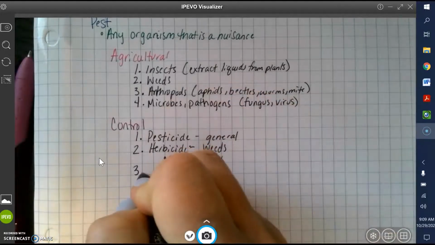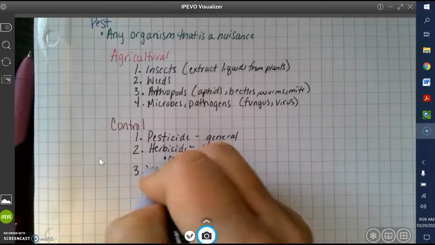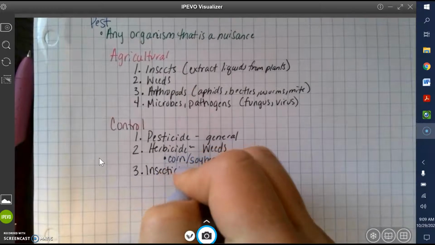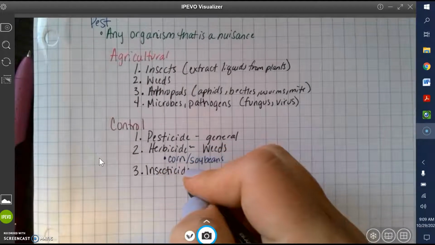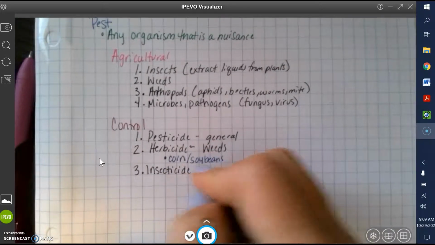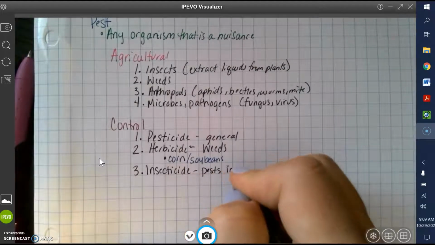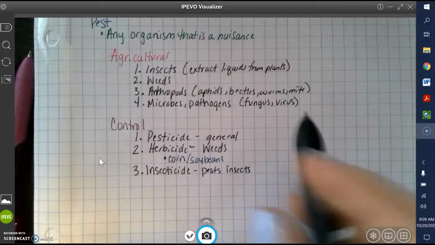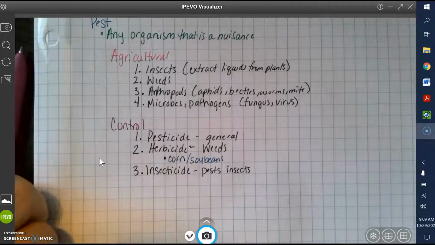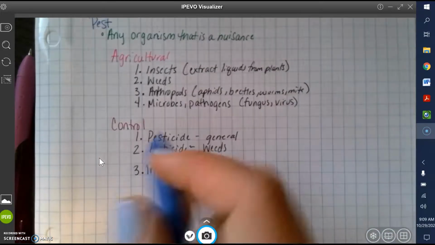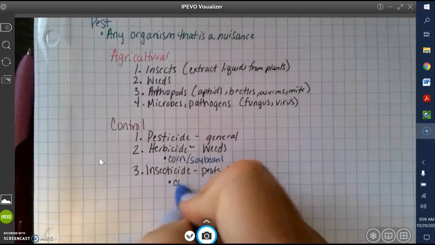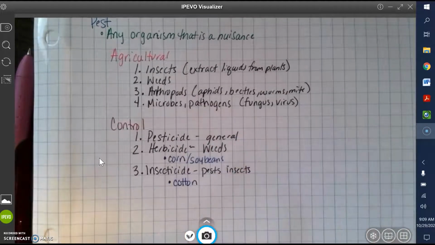Number three, we've got insecticides. Insecticides are going to kill just our insects, our pests, as far as insects, some of our arthropods. An example would be spraying cotton. A lot of pests come on cotton.